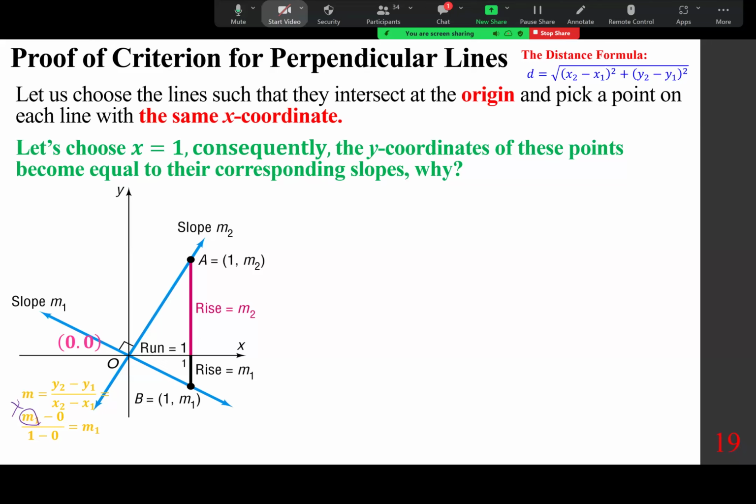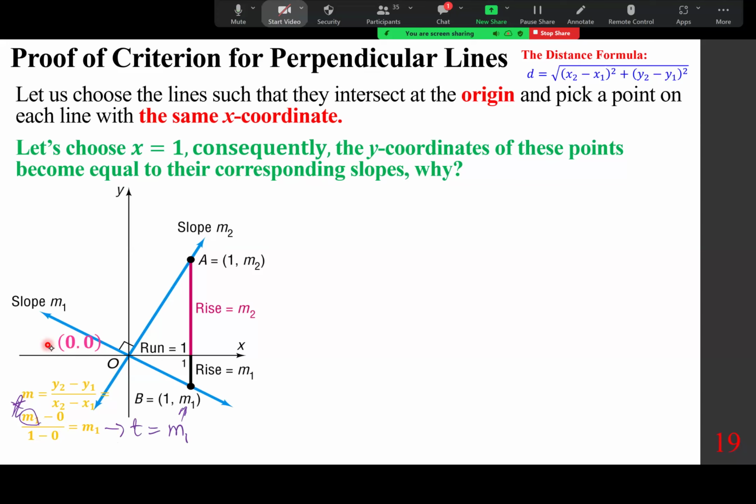Let's put t. Then t equals m1, okay? Because the slope is m1, therefore this becomes m1. So that's the proof in any way.